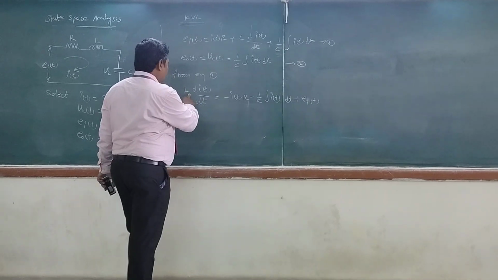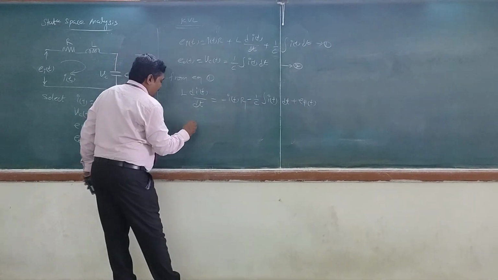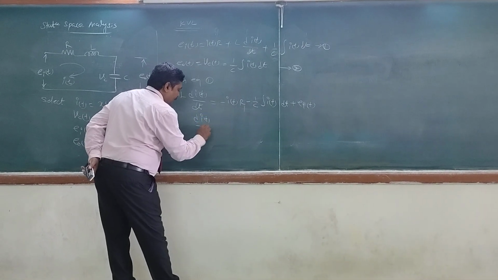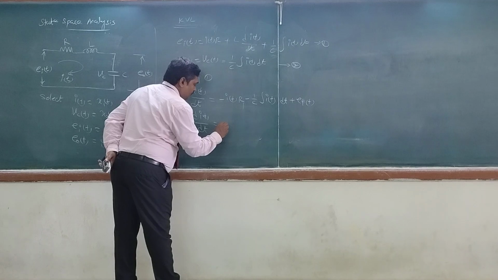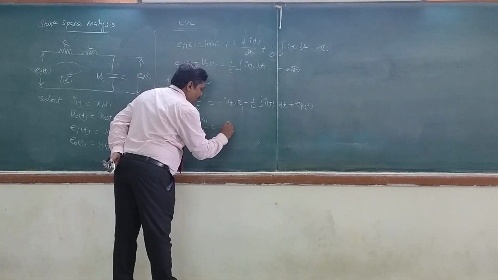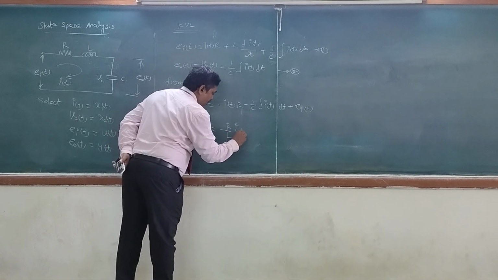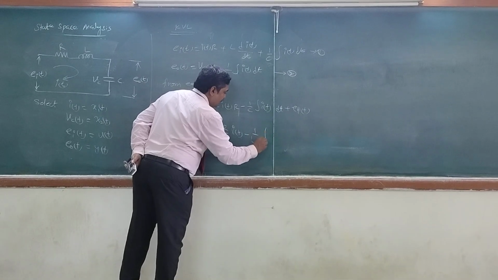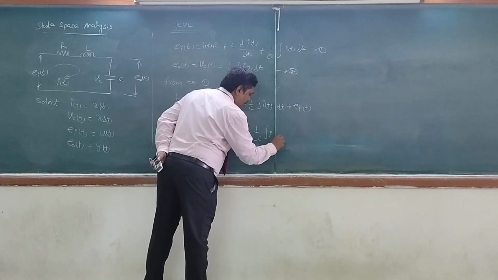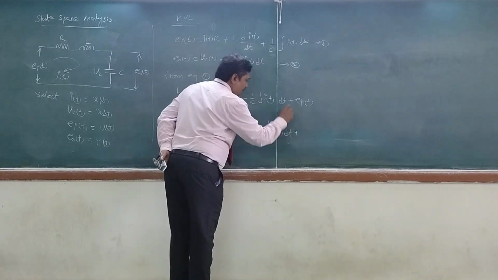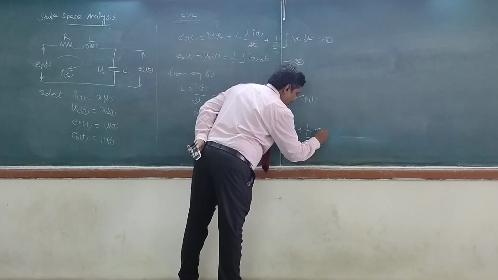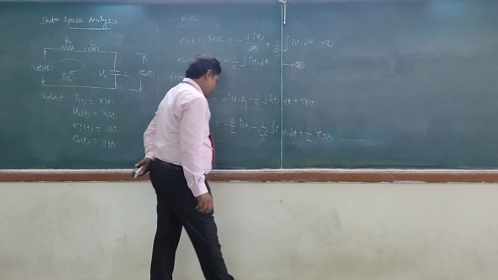Now divide the whole equation by L. So di of t by dt is equal to minus R by L i of t, minus 1 by LC integral of i of t dt, plus 1 by L e_i of t.